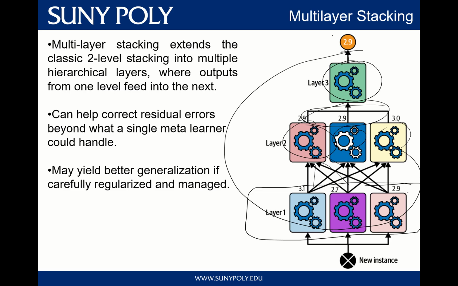Actually, they kind of mimic neural networks. Neural networks have multiple models at different layers, and the outputs of one layer will be the inputs of the next layer. And neural networks are really powerful with unstructured data, but we can mimic that behavior also here with multi-layer stacking, where we can have different algorithms.